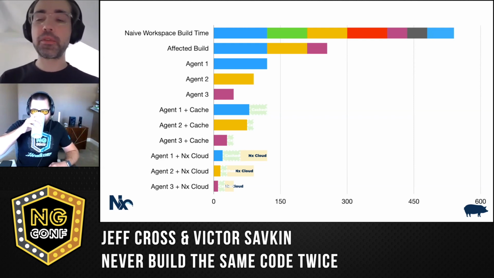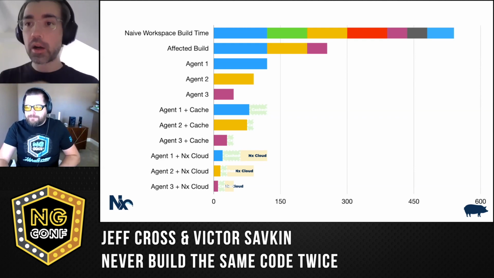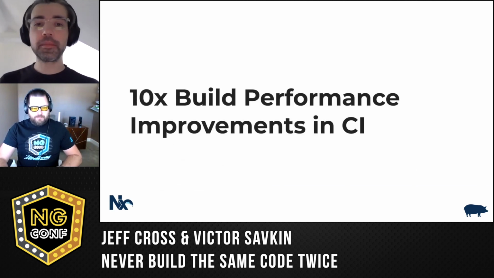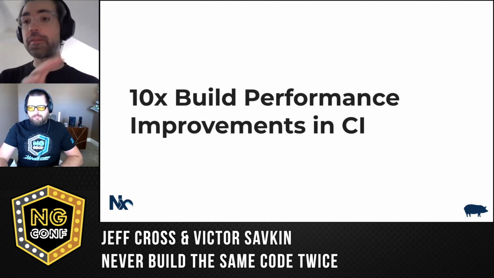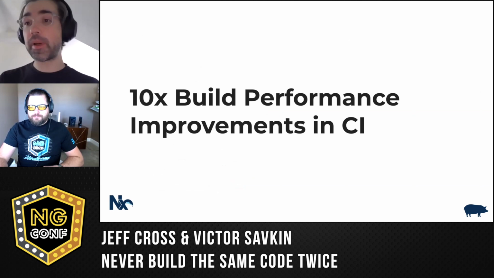But if you push it further, you can reduce the average time of your PR to just a few minutes. Next slide. So the CI in this case, which I'll show in a second when I show you a real project, can be reduced by 10x, with some caveats: if you have a 20-minute npm install, then obviously Nx Cloud is not going to help with that.